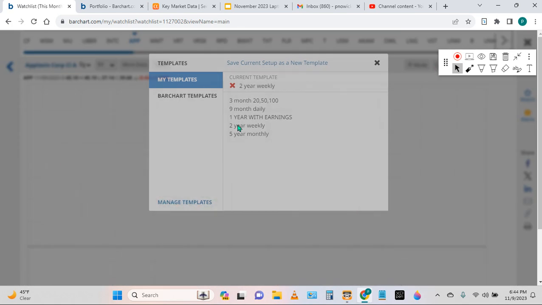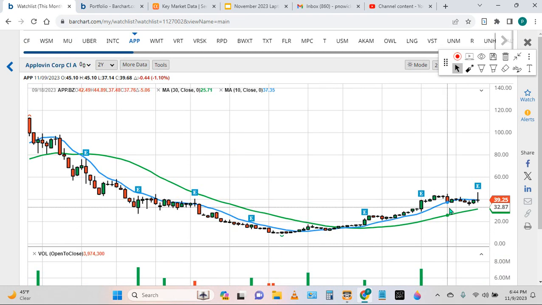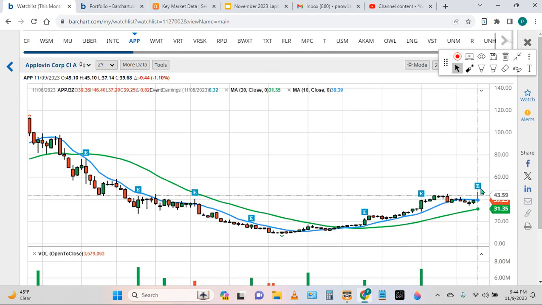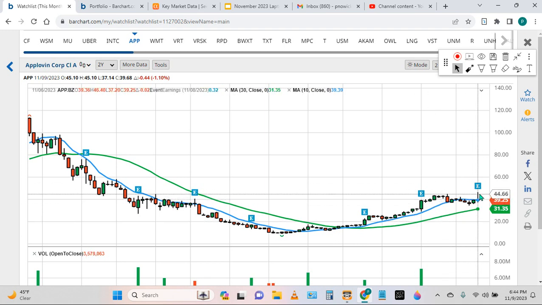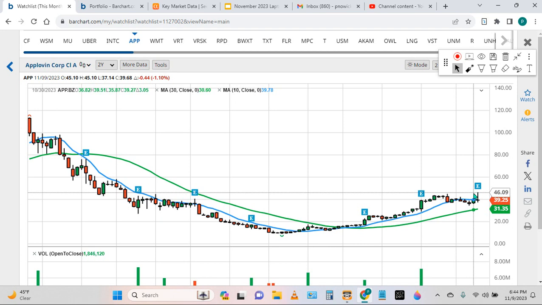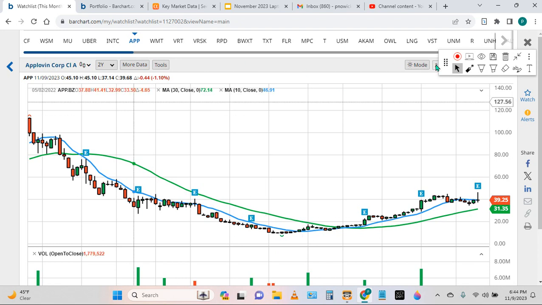We can choose weekly, using multiple time frames, and we can see this week had earnings. We have some topping tail candle, not really showing a lot of strength there with earnings, but I think if it traded over the high of this bar over 40, roughly 45 bucks, 45.10, I like that to continue higher.